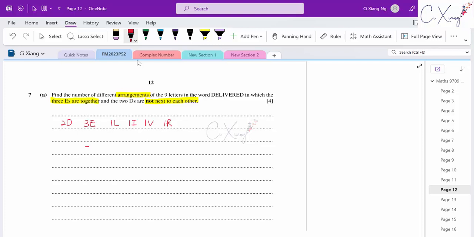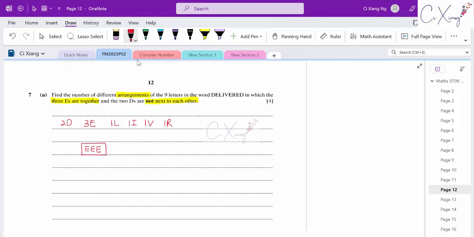When you want to have some items all together, or cannot be separated, we need to bundle them and treat it as one unit. So I bundle all the E's together and make it become one unit only. I treat it as one letter, in general, so that when I arrange them, they are always tied together. They are not going to separate from each other.